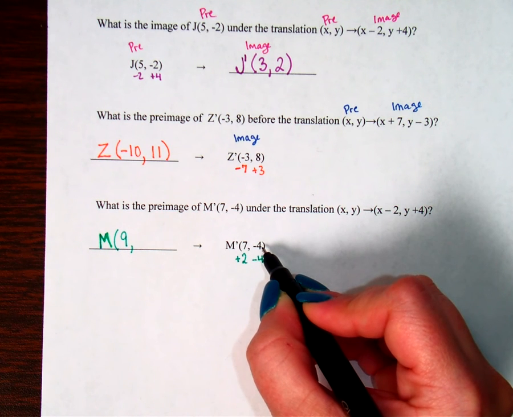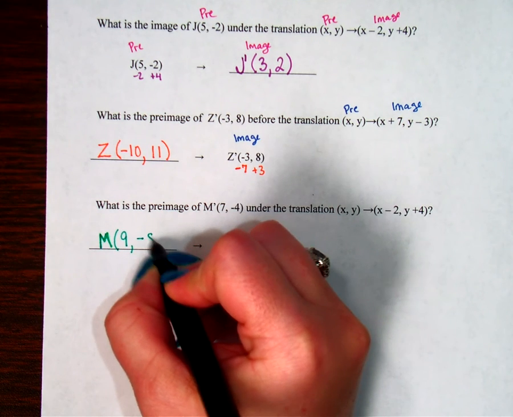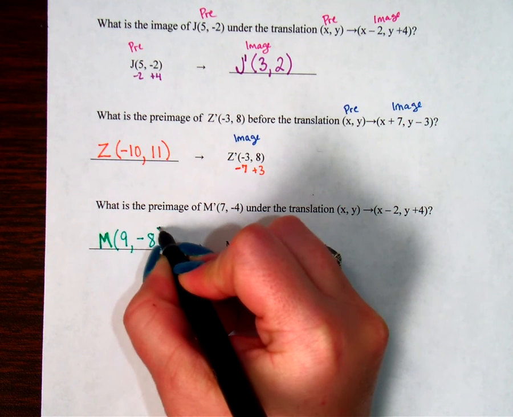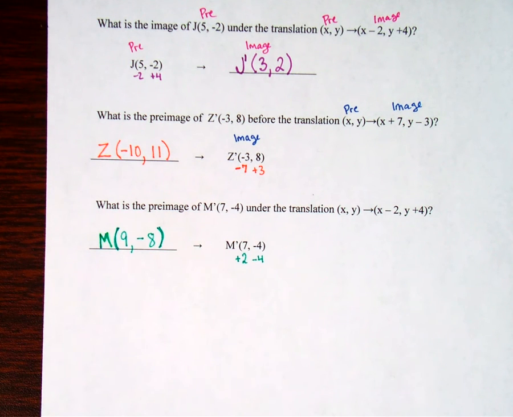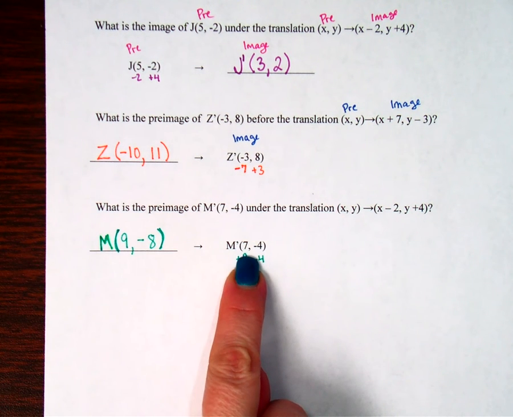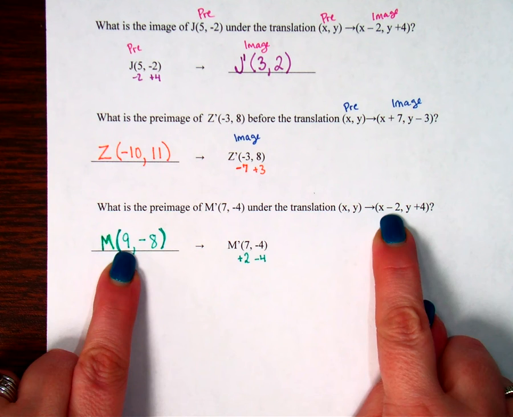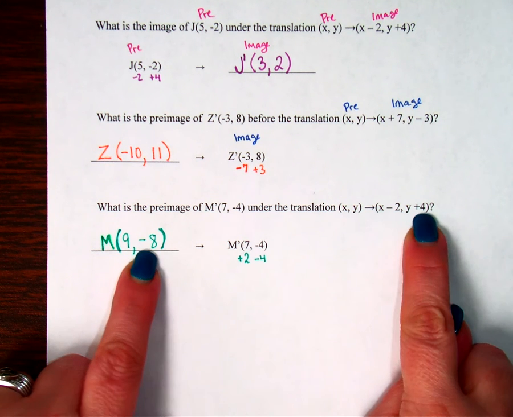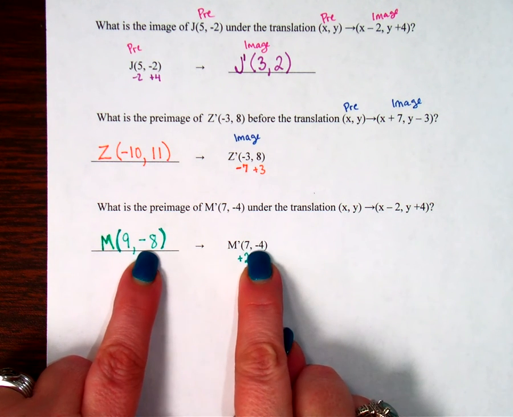So if I'm at negative 4 and I go negative 4 more, I'm actually at negative 8. Okay, so there is my pre-image, when my image is 7, negative 4. And if I want to check it, if I do 9 minus 2, that gets me to 7. And if I do negative 8 plus 4, that puts me at my negative 4.